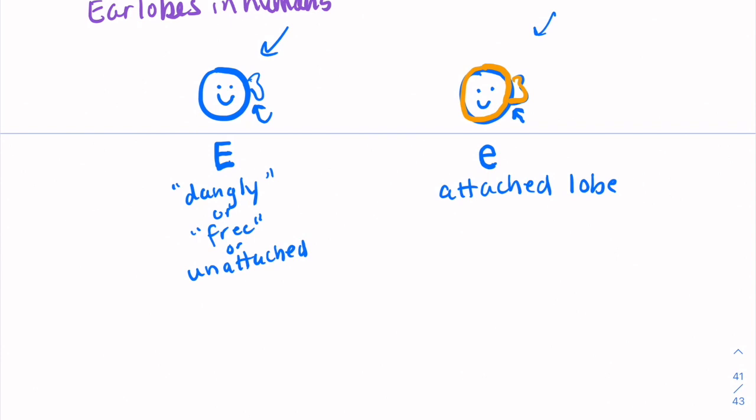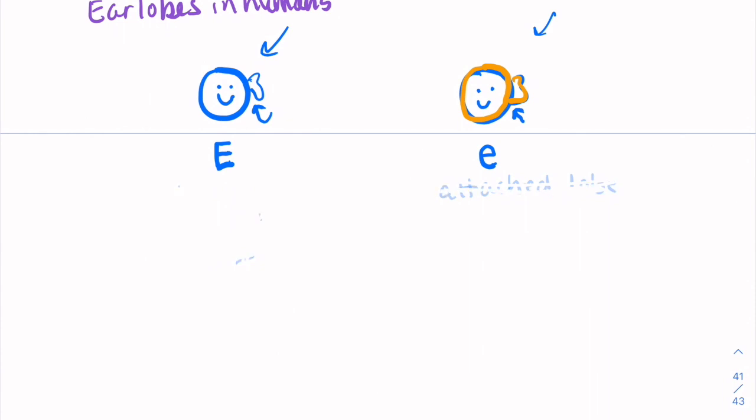All right, so let's make a little room here. What are the possibilities for people with dangly earlobes? What are the possible genotypes? People with a dangly earlobe, and yes, I know that's just a stupid word for it, but it amuses me. I think it's easier to say than attached and unattached, because it's not unattached.